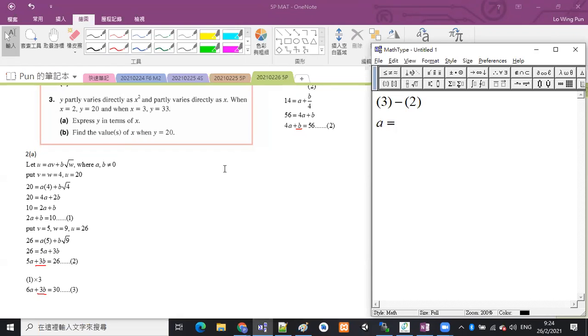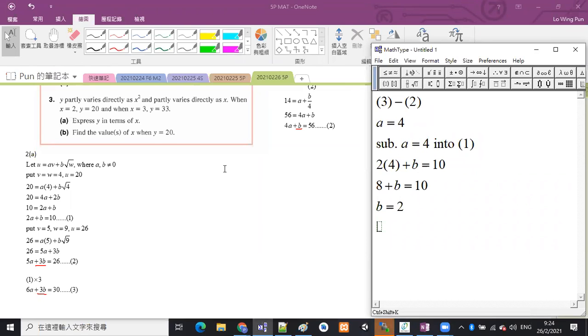Right-hand side, 30 minus 26 is 4. So we just found that a is equal to 4, and then we substitute the value of a into equation 1. We get 2 times 4 plus b is equal to 10. So 8 plus b is equal to 10, which means that b is 2.